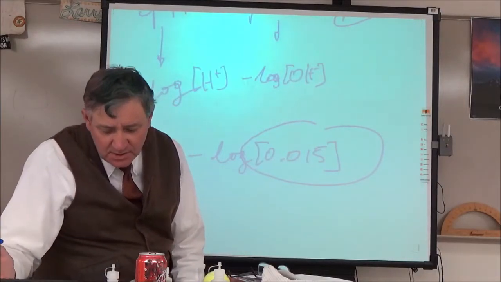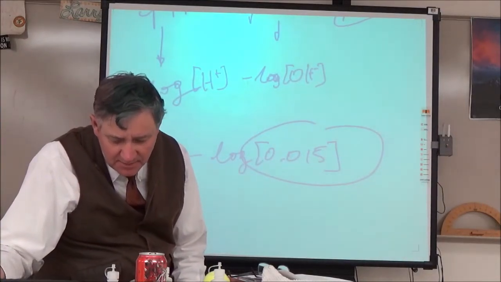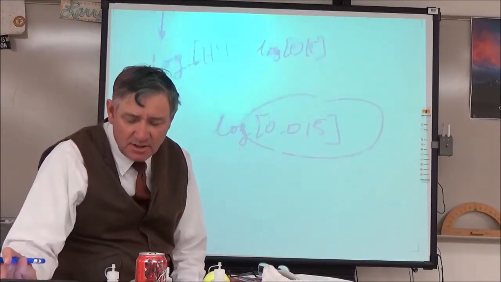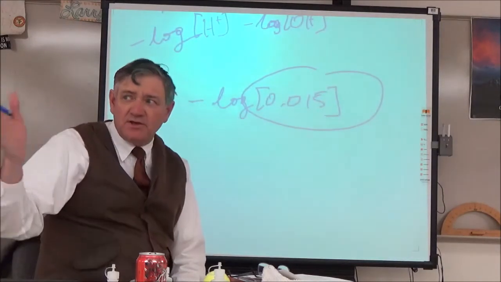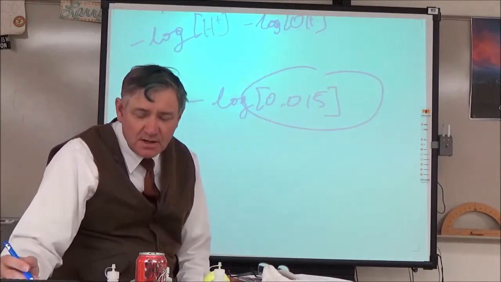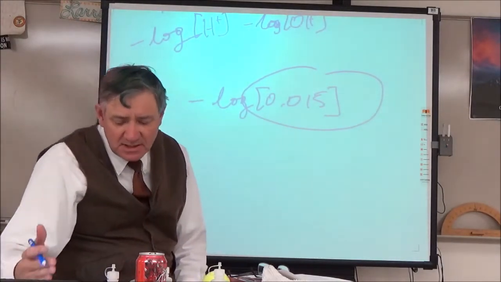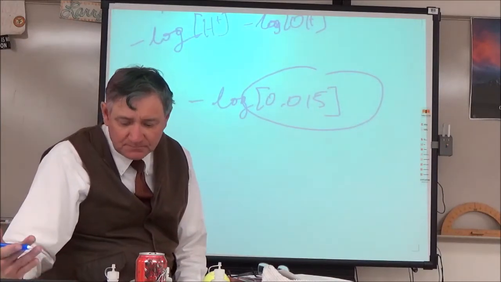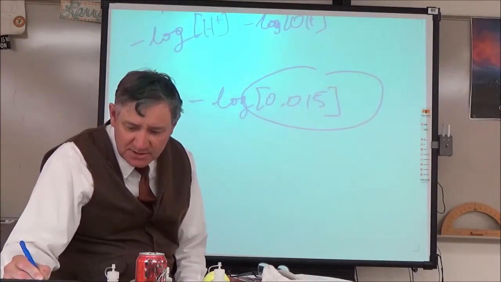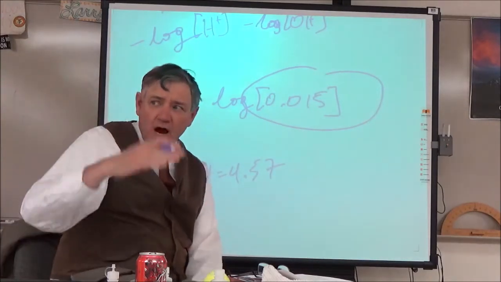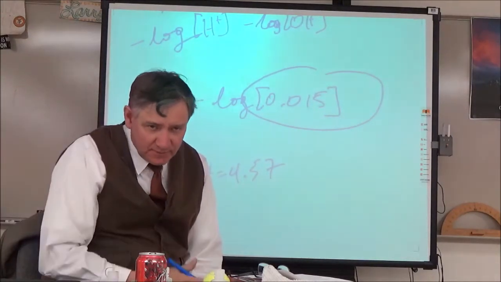Now, when you get to the pH of 4.57, what's the hydronium ion concentration? With this one, basically, you're going to undo this. These are log base 10 systems. So on that second one, you've got a pH of 4.57. How do you undo a negative log base 10?